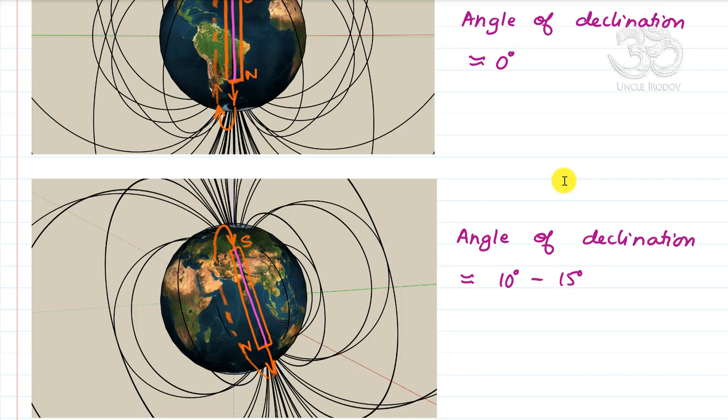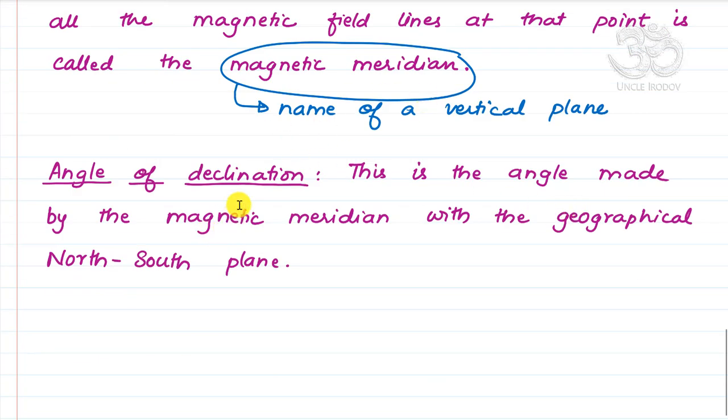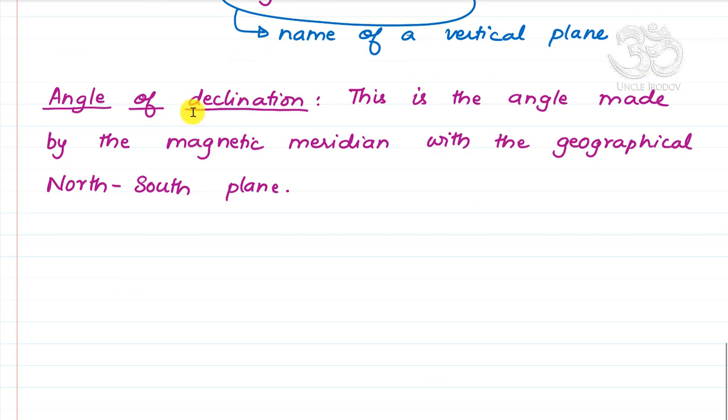But if you were to change your location wildly, like from India you go to the UK, or not even that, from India you go to China or someplace, the angle of declination will keep on changing. So over reasonable amounts of distance, the angle of declination will definitely change. So we should know that the angle of declination is different at different places. It differs from place to place.